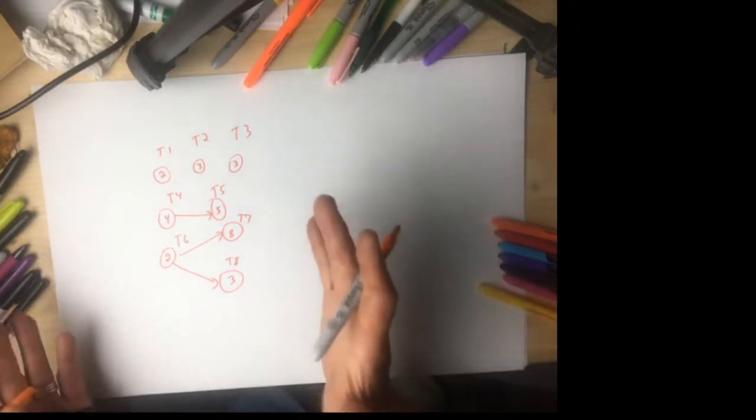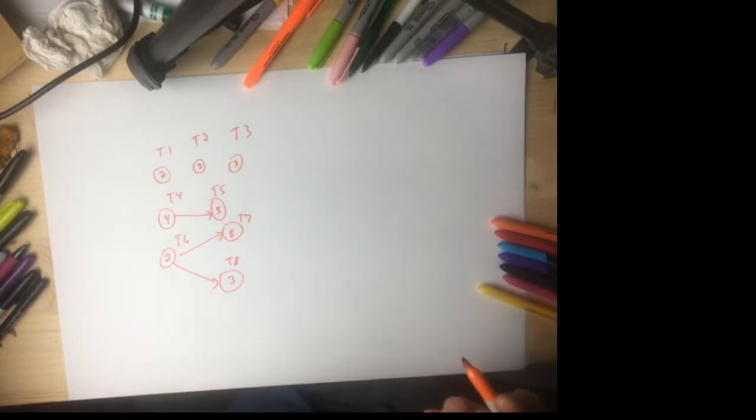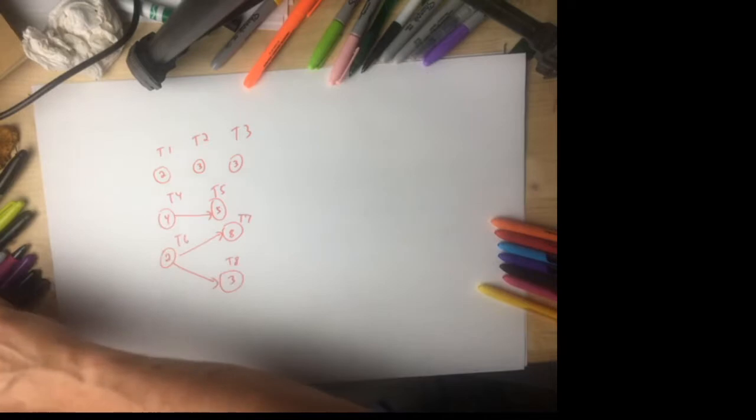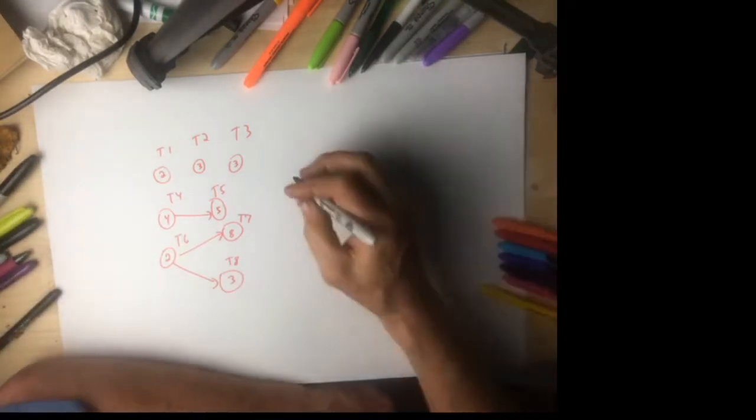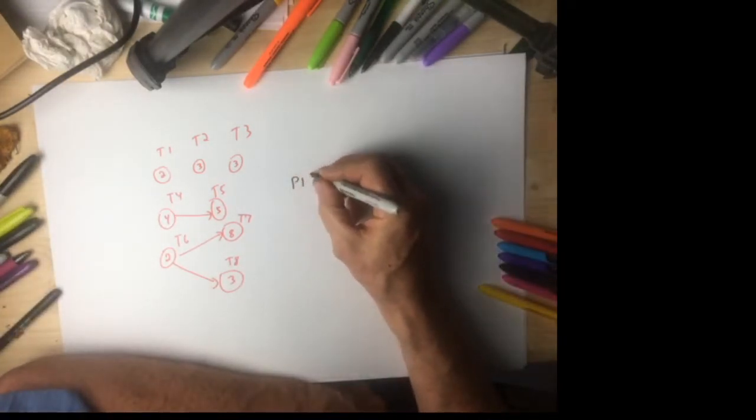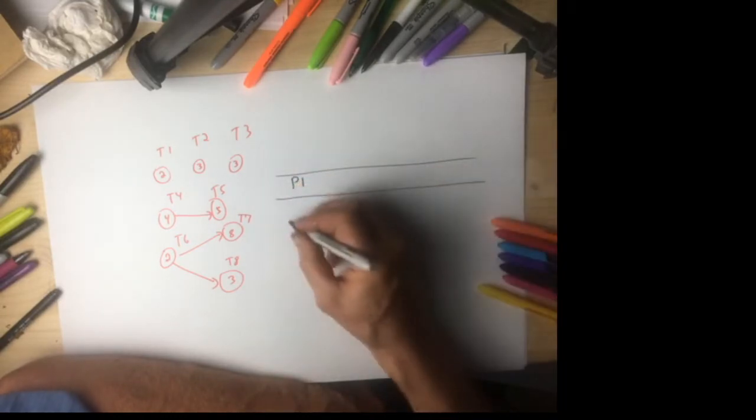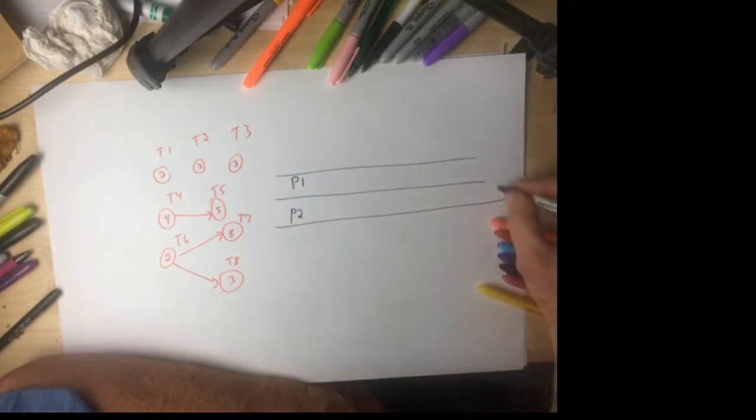And so this is going to be our job, and this is what we want to complete. Now, in advance, I'm going to arbitrarily declare that person 1 and person 2 are going to work on this.